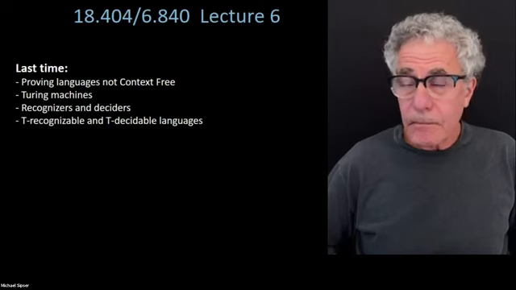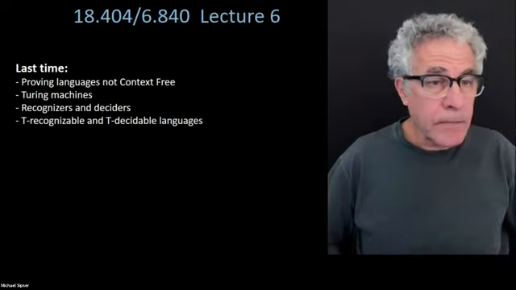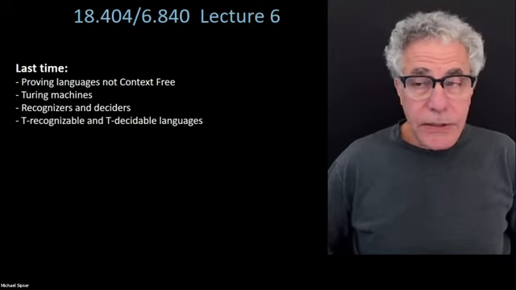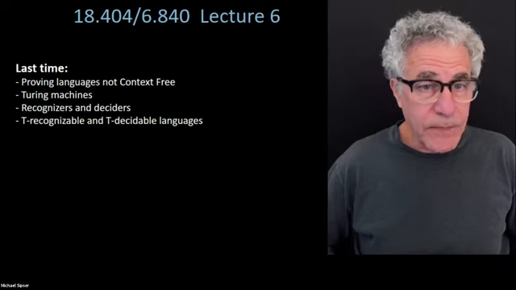So we have been looking at a number of different models of computation.